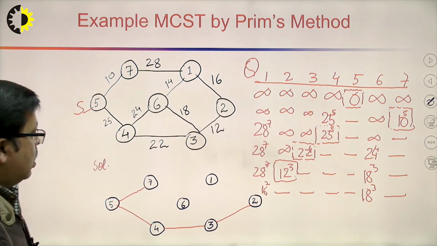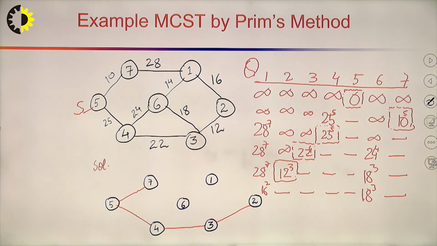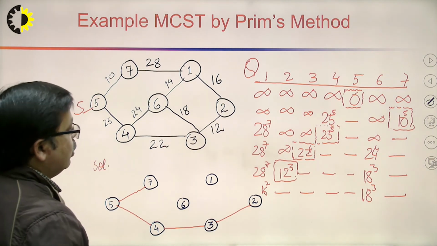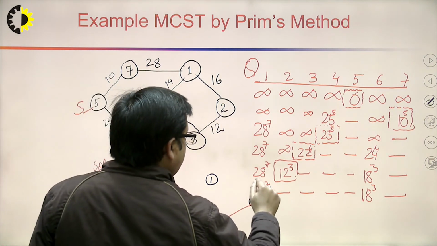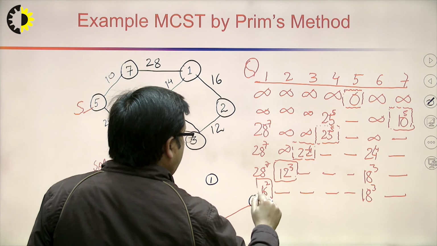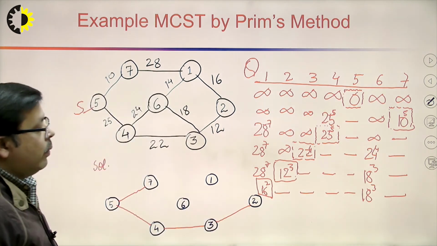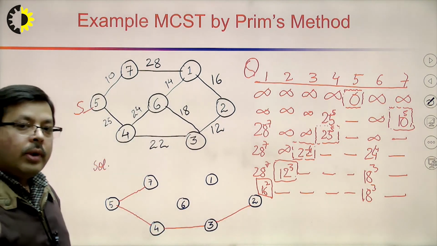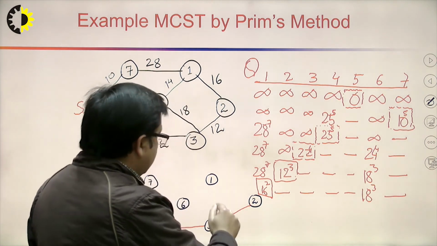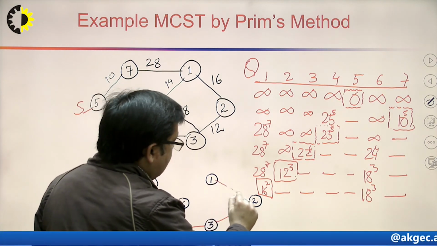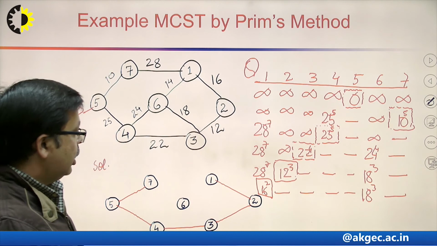Now, the node 2 will come out, sorry, node 1 will come out, and who is the parent of node 1? Parent of node 1 is 2. So, we will connect 1 and 2, right.